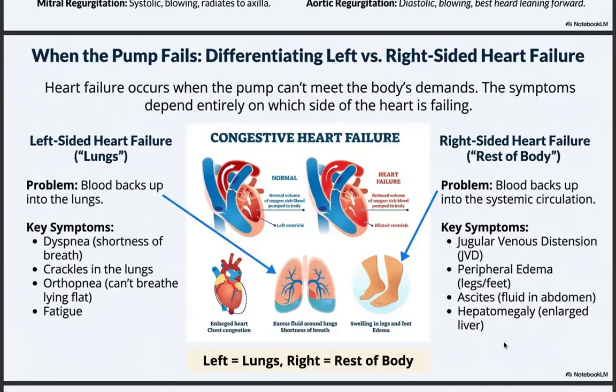And hepatomegaly as well can be caused by this hepatic portal vein issue. Your hepatic portal vein doesn't have very highly oxygenated blood because it's a vein, but it's got a lot of nutrients in it, so it's very important for our liver.